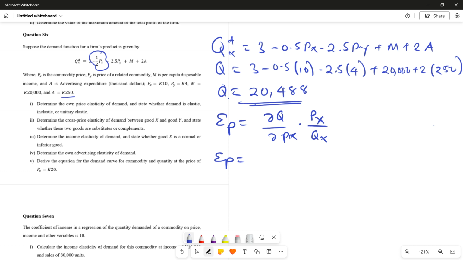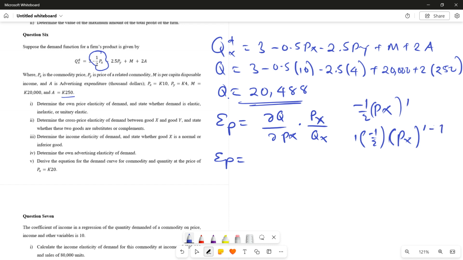So differentiating the half Px with respect to Px, since it's 1 over 2 Px, this Px is raised to the power 1, so it will be 1 multiplied by negative 1 over 2, multiplied by Px. Since you are differentiating with respect to Px, from the power of Px, which is 1, we subtract another 1.